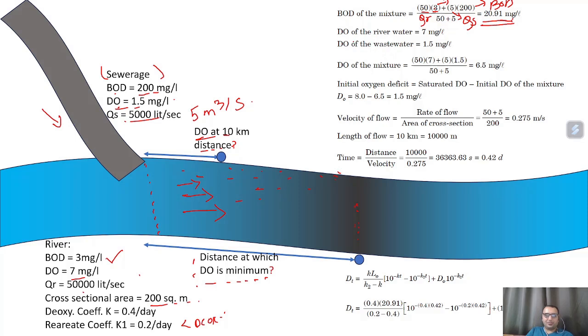Now we have a DO of river water and DO of wastewater. And also remember that the saturation DO here is 8 milligram per liter.